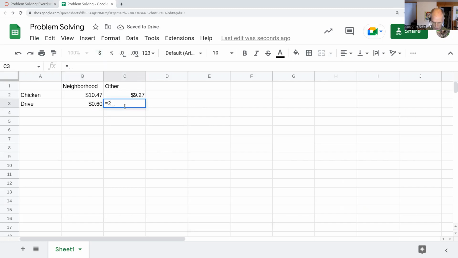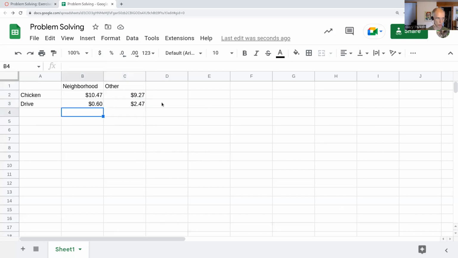And this one was 2 times, mine was 8.6 miles divided by the 26 miles per gallon times $3.74 per gallon. And those are pretty different. Let's just double check some numbers. 2.1 miles, 26, 3.74. 8.6 miles, 26, 3.74. Yep, that looks good.